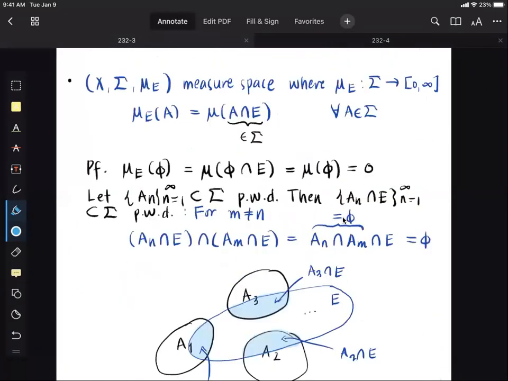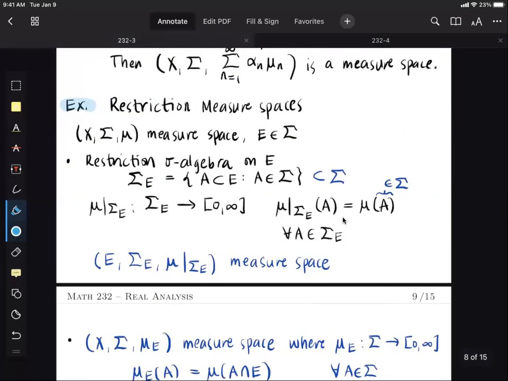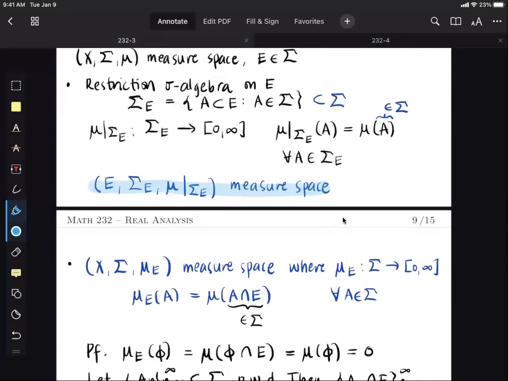Okay, so these are the two restriction measure spaces. So again, the first one is obtained by restricting the measure on the restriction sigma algebra on E. So here you now have a measure space on the subset E. The other one is that you have a measure space with the same set X, same sigma algebra, but you have a different measure.